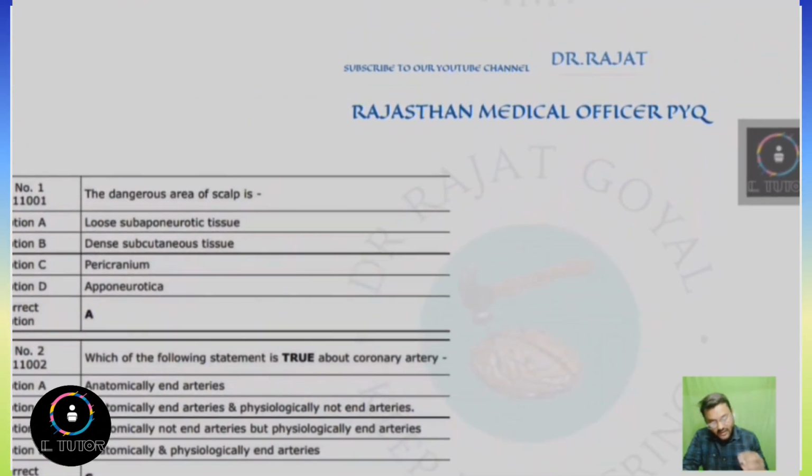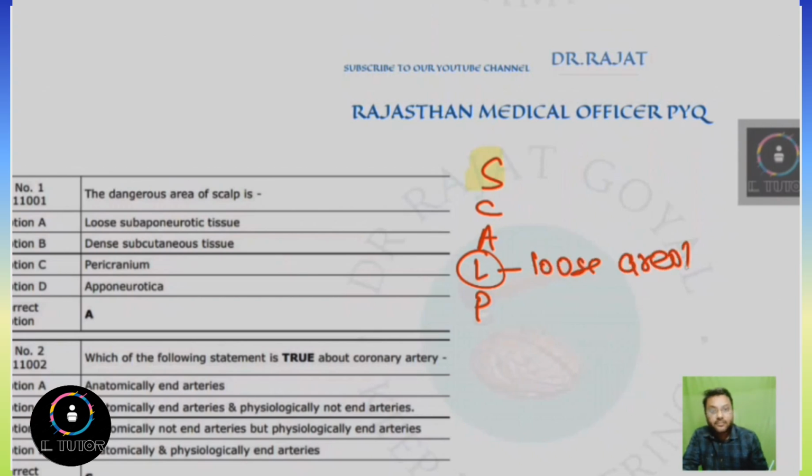The dangerous area of scalp. So if we talk about scalp, then SCALP. So this L, loose areolar tissue is the dangerous area. Option number A will be the correct answer.